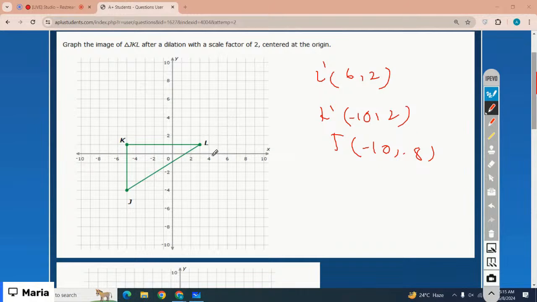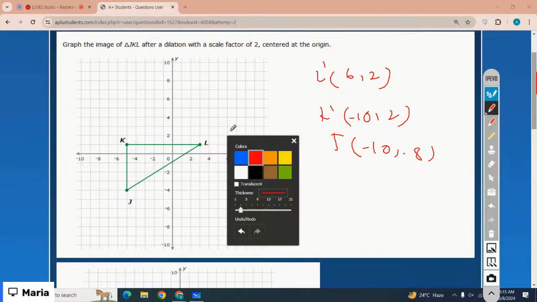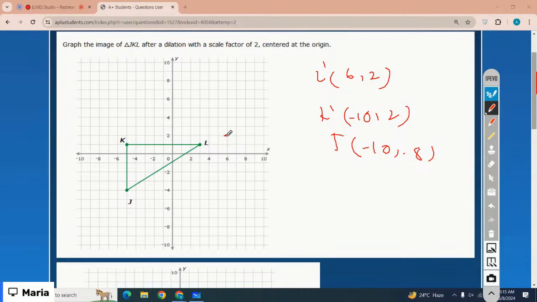L dash is 6 and 2. Here is L dash. Okay. Then you have K dash is negative 10 and 2. Here is K dash. And J dash is negative 10 and negative 8. So the new triangle is this.